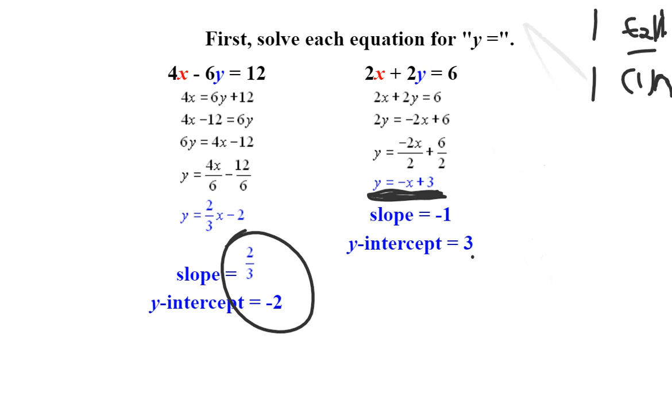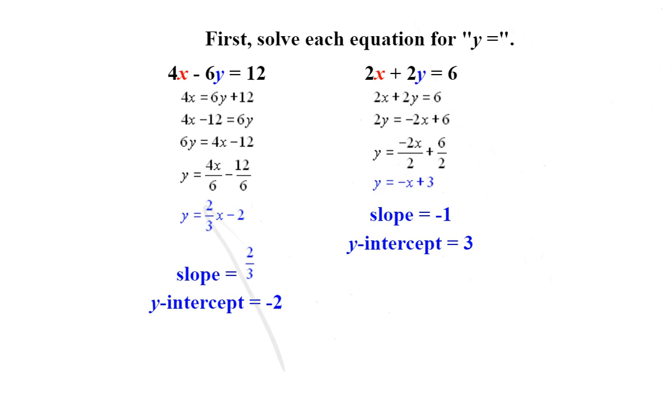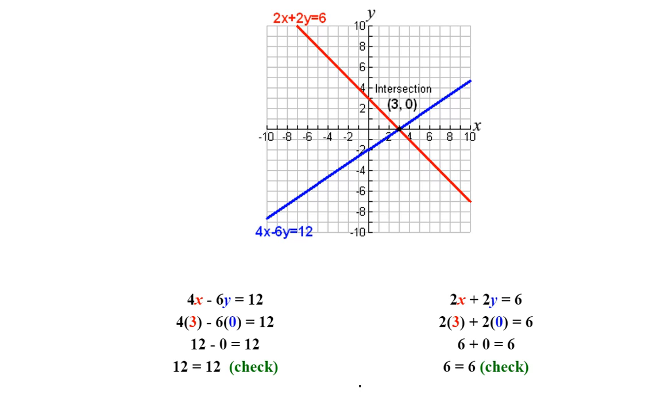Okay, so if we look at essentially what my graph would look like, we can see here my red is going to be my line that was y equals negative x plus 3.